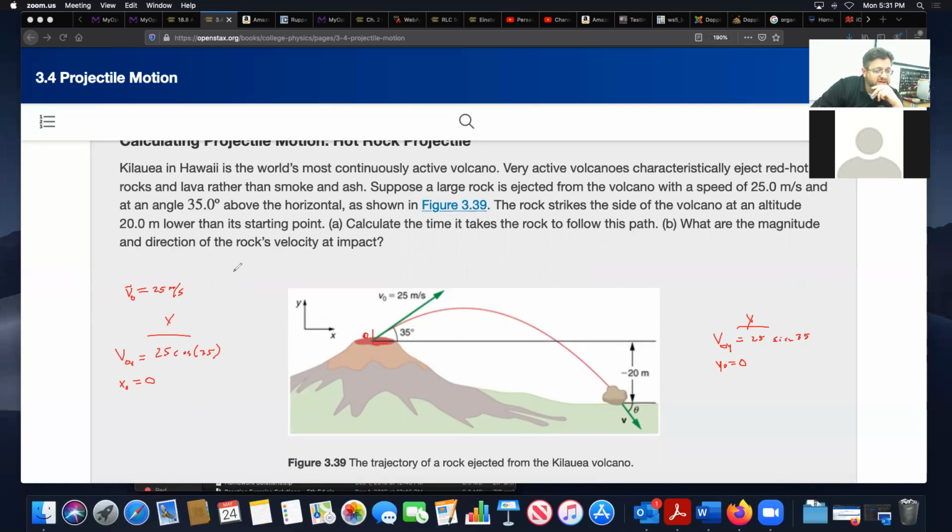And then I know my final velocity, right? I know my final velocity is equal to some velocity in some direction, some direction theta. That's all I know about it, right? But I can still break it down into components.